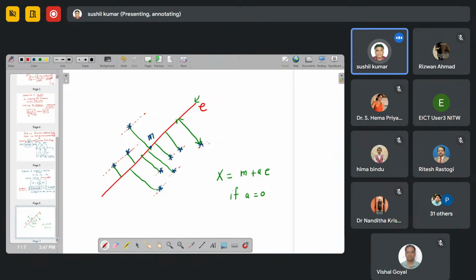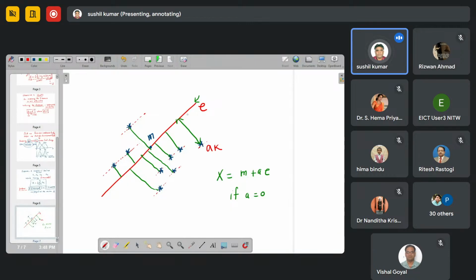If a is different, we write a of k. This is the value of k we already discussed: the k number of feature vectors you are having. If any feature vector is on this line, it doesn't matter, it is on the same line, no problem.